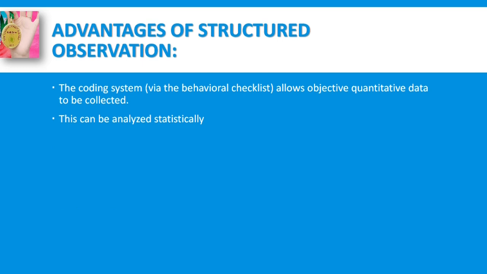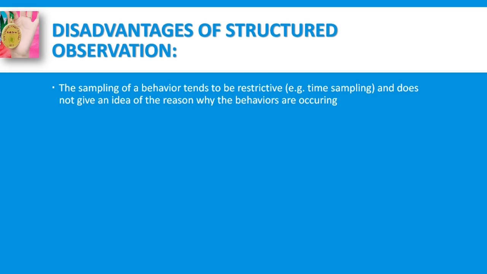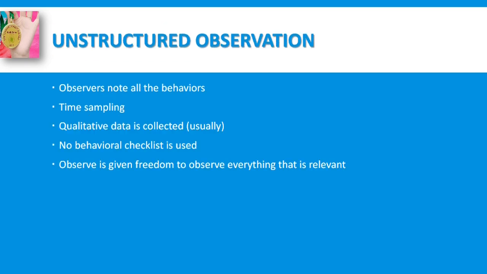The advantages include that the coding system allows objective quantitative data to be calculated, and this can be analyzed statistically. Whereas the disadvantage is that the sampling of behavior tends to be restrictive and does not give an idea of the reason why behavior is occurring.